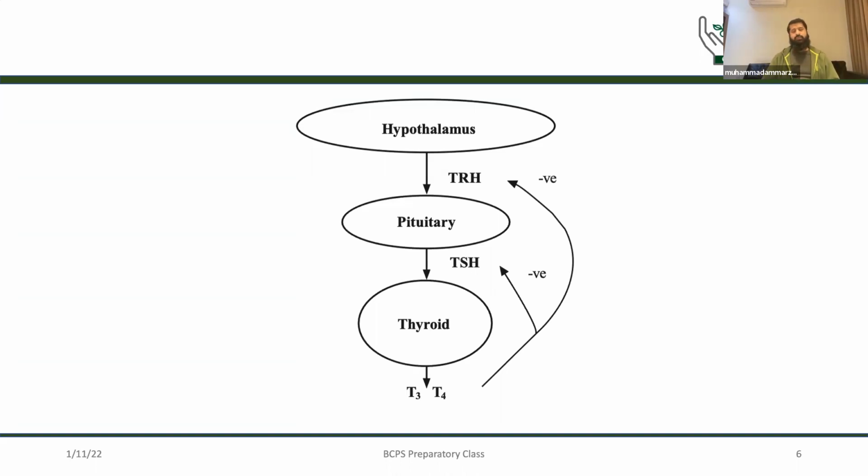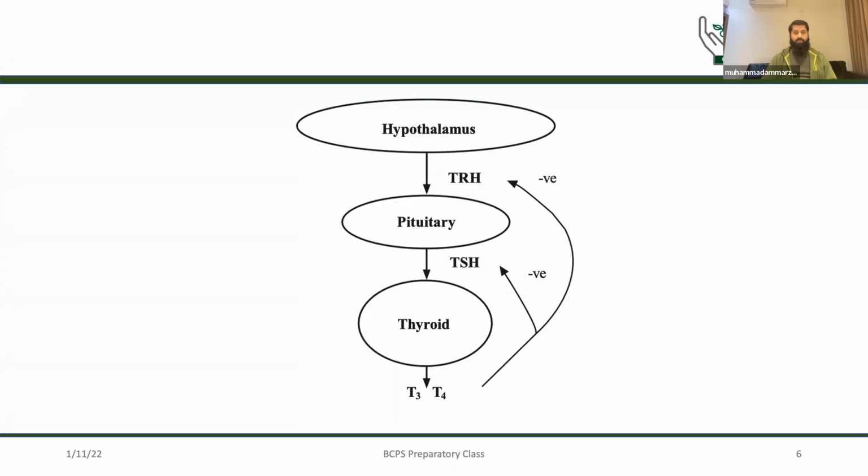So why am I telling you this? Because this is important during the diagnosis of hypo or hyperthyroid disorders, because there is a feedback between the T3, T4 levels and the secretions from the pituitary and hypothalamus. So for example, when T3 and T4 levels are elevated, there is a negative feedback and TSH levels are low.